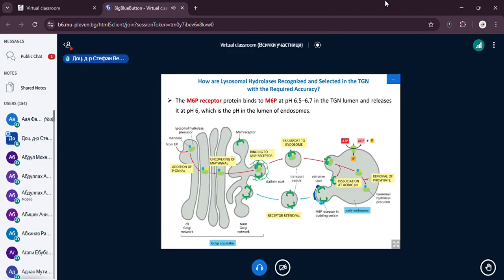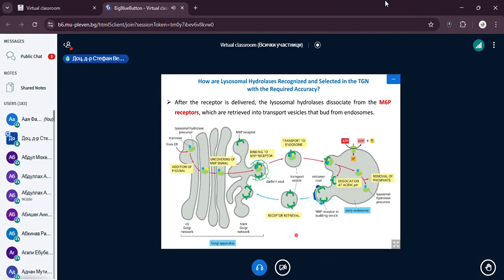Then, from the trans-Golgi network, clathrin-coated vesicles bud off, which contain large concentrations of lysosomal enzymes. Very rapidly, after the budding of clathrin-coated vesicles, the clathrin coat is shed off the surface of these vesicles, and these structures which are formed are called primary lysosomes.